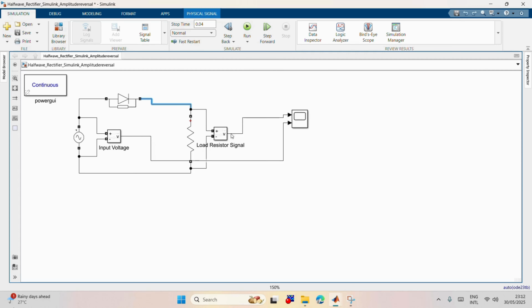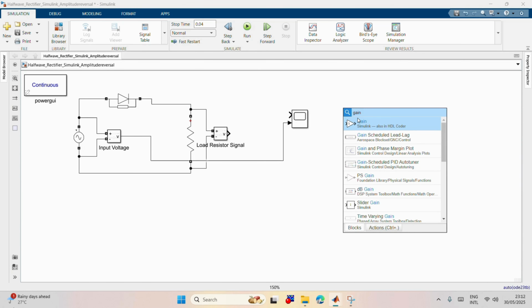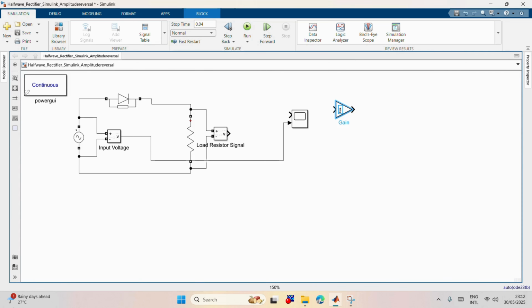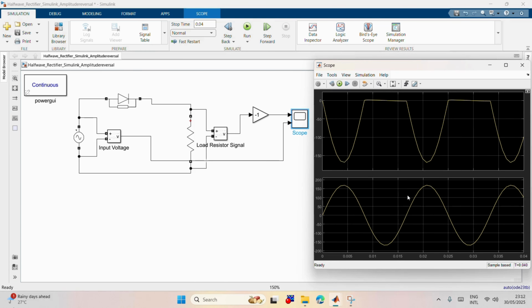And the other one is just inserting a negative gain block after the half cycle. As you can see, it also ends in the same result.